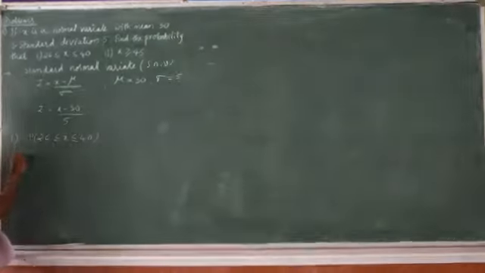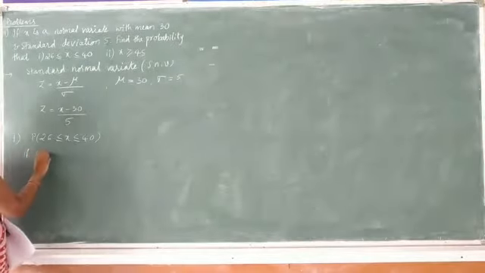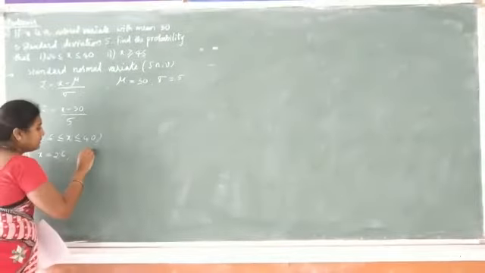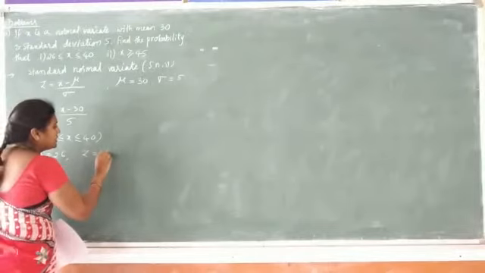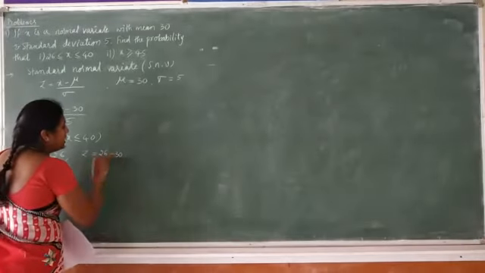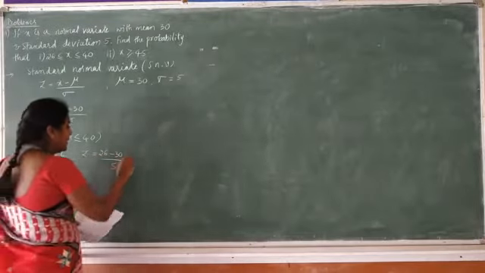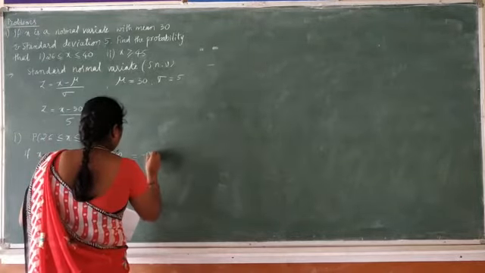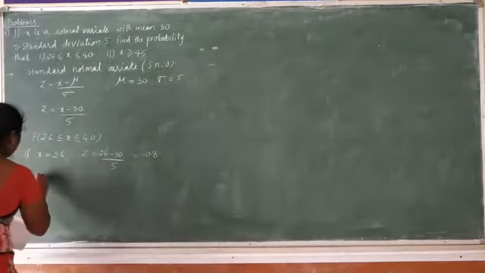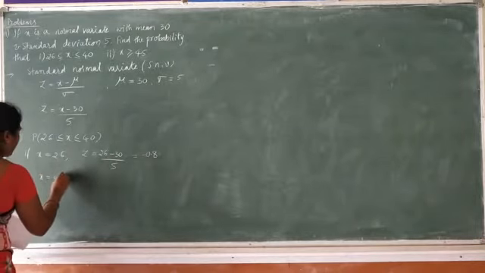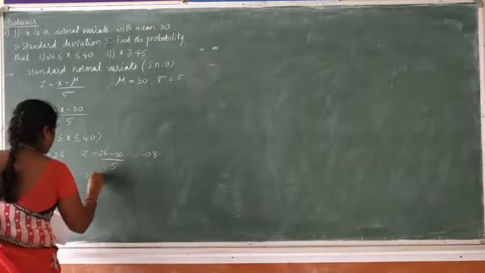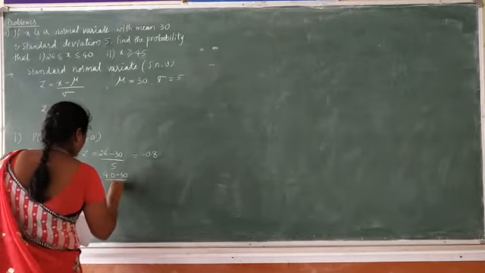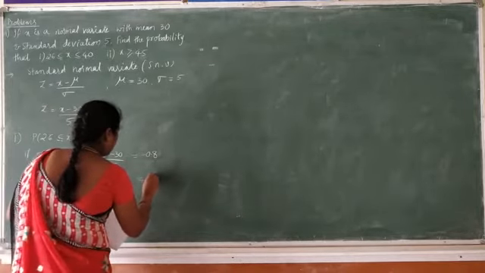If x equals 26, then z will be 26 minus 30 upon 5, that is z equals minus 0.8. If x equals 40, then z equals 40 minus 30 upon 5, and this equals 2.